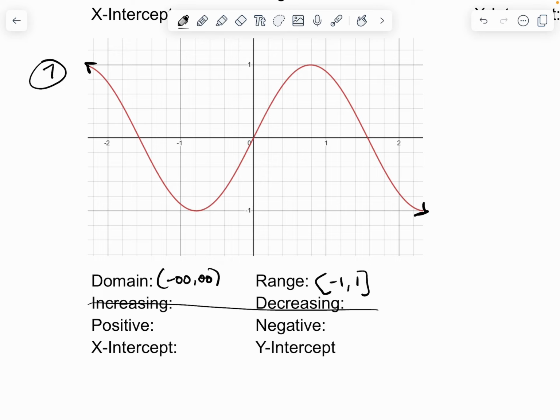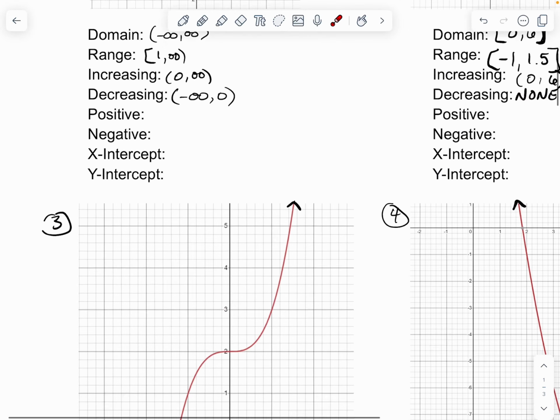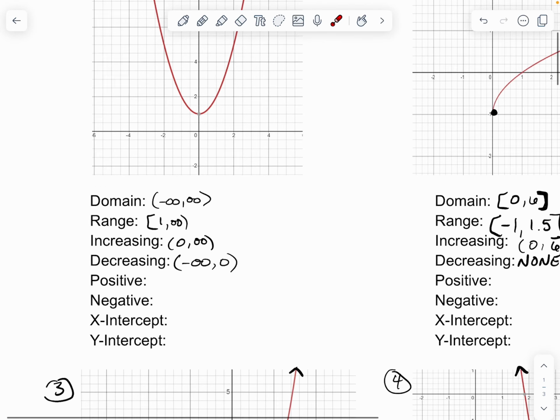So let's just mark that one out for right now. We're going to mark out increasing and decreasing. On number 7, it would make sense if you had something for increasing like from here to here, and estimating those points, maybe 0.75 to 0.75. Okay, that would make sense.